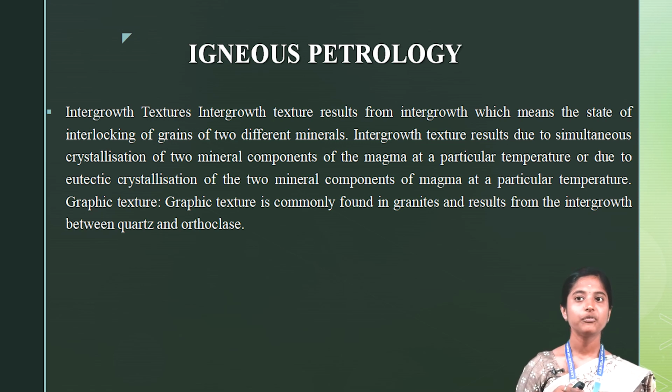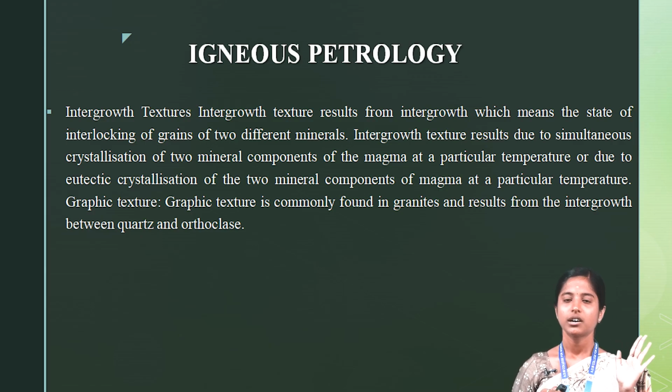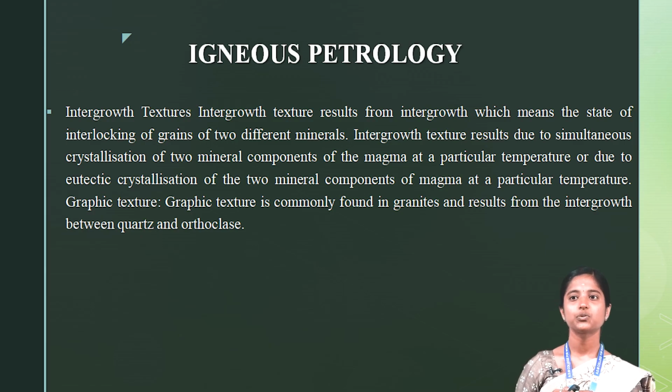Okay, next the graphic texture. Graphic texture is commonly found in granite. So if the granite has this texture, we call it graphic texture. It results from the intergrowth between quartz and orthoclase.